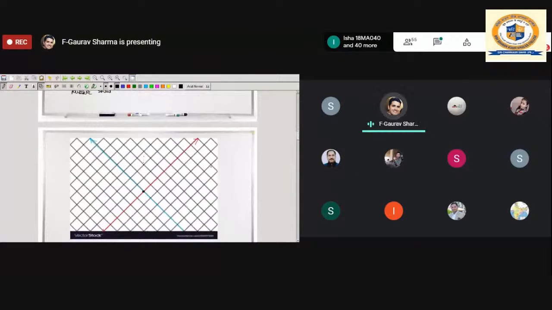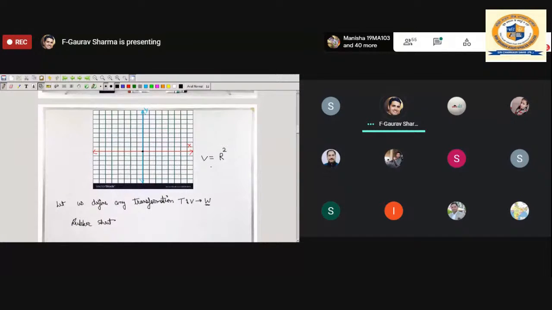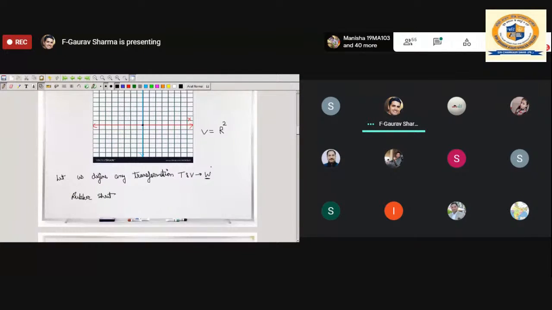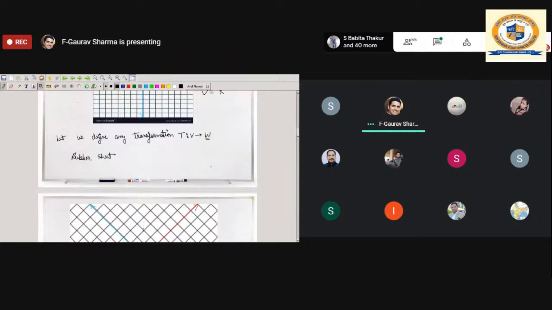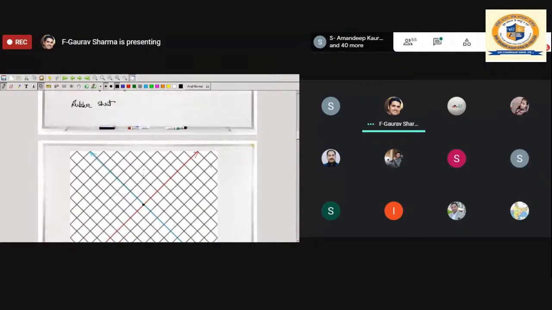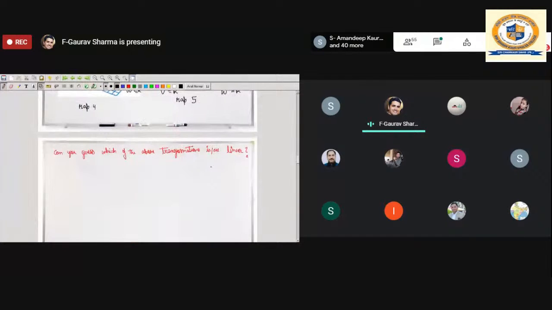Okay, but the x and y axes are intersecting. There are so many lines which are intersecting. So Jyoti is saying that she does not think map 1 is a linear transformation.